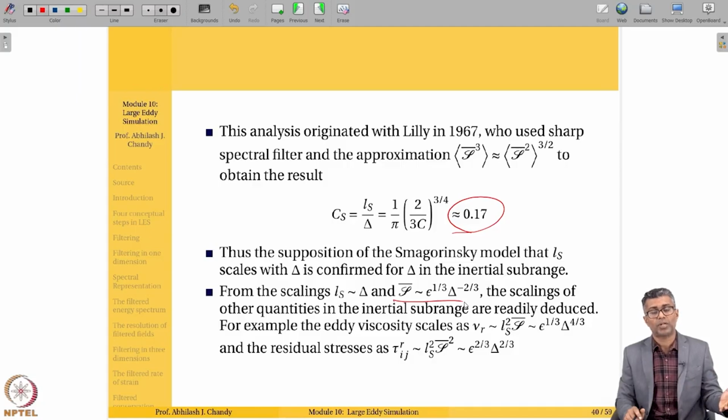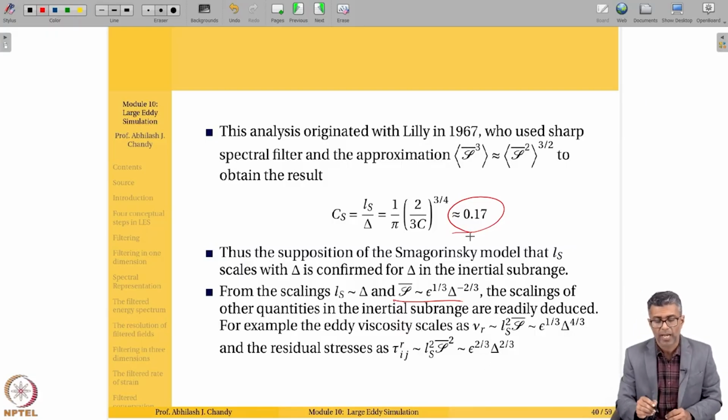Scalings of other quantities can also be deduced. Nu R is LS squared times S bar, isn't it? So that is epsilon to the 1/3, delta to the 4/3. And so the residual stresses as well, tau ij superscript r, which is LS squared times S bar squared. That again becomes epsilon to the 2/3, delta to the 2/3.